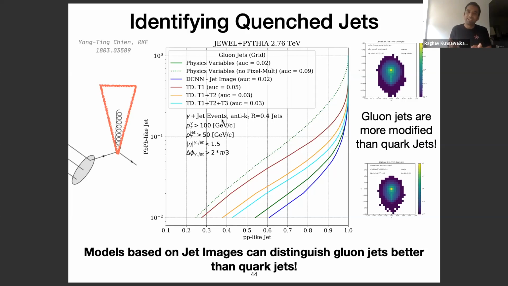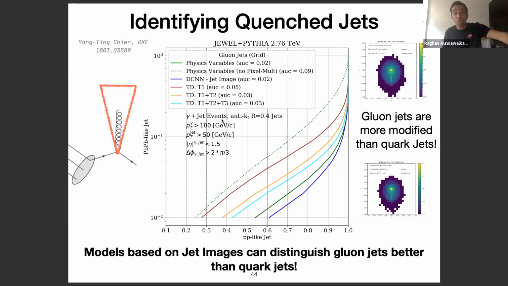It's a very interesting question. It's not asking, can you identify quark or gluon jets? It's asking, can you identify jets that have quenched behavior as opposed to vacuum-like emission? And you can see the best performance here: you have to be in the bottom right-hand side to have the best performance.